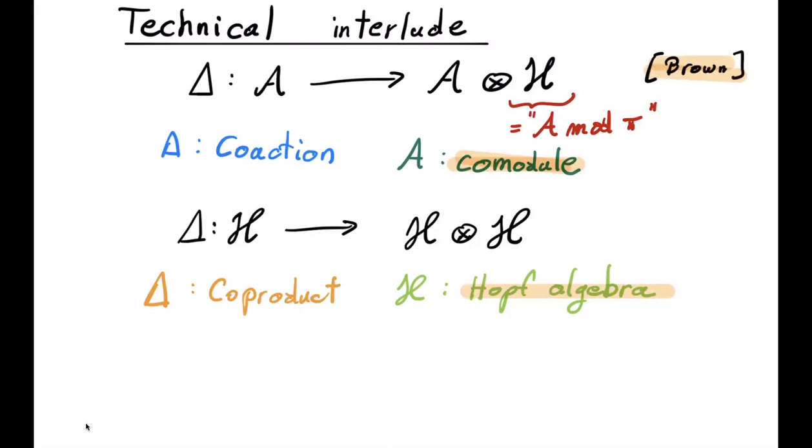For all practical applications, it is enough to use as a calculation tool the idea that all the formulas work as if it was a Hopf algebra, except that in the second entry, or in the first rather, you have to work modulo pi, modulo conjugates.